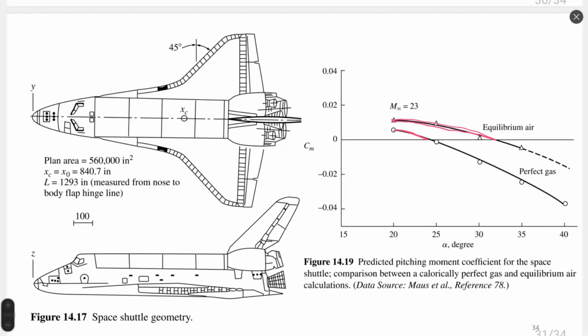So it's important. Nowadays, any calculation of hypersonic flow is performed with equilibrium air. Nowadays, there are no more simulations that use perfect gas as an appropriate model for CFD calculations in Mach number higher than 5.